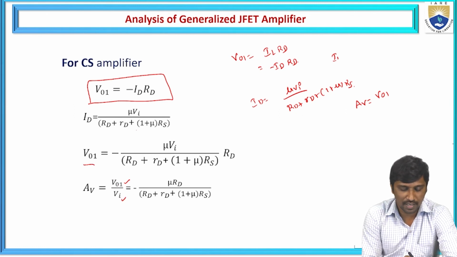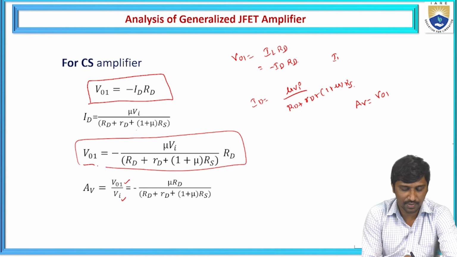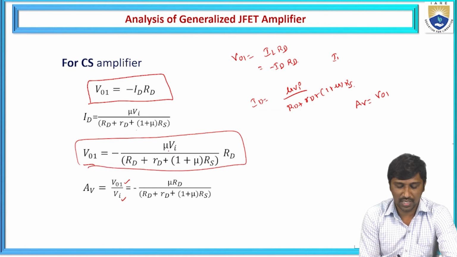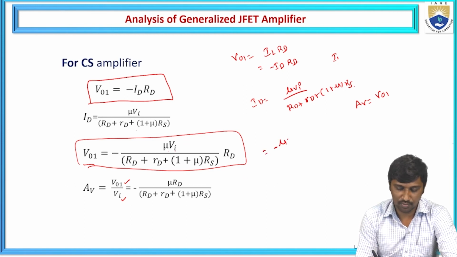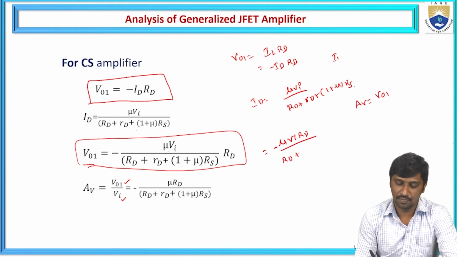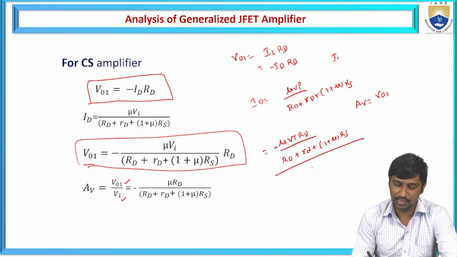VO1 is minus mu Vi times RD by capital RD plus small rd plus 1 plus mu times Rs, divided by the input signal Vi.